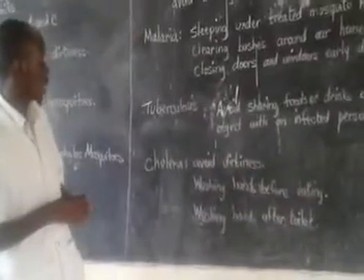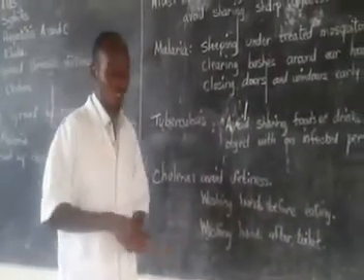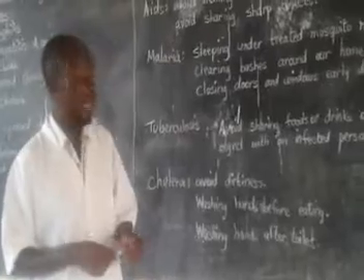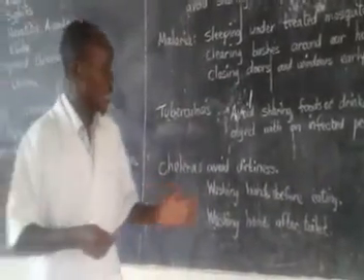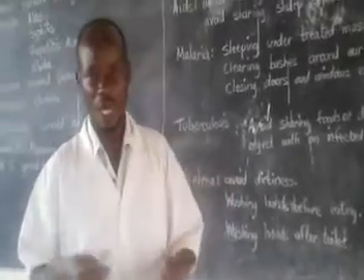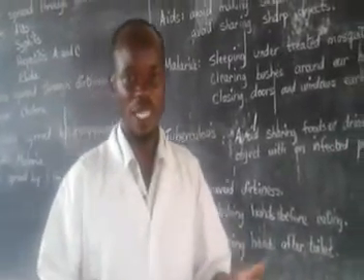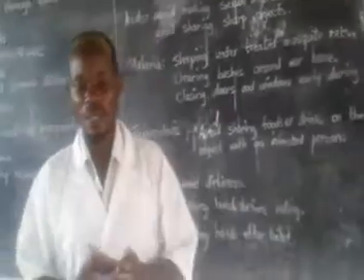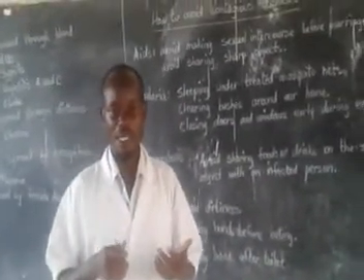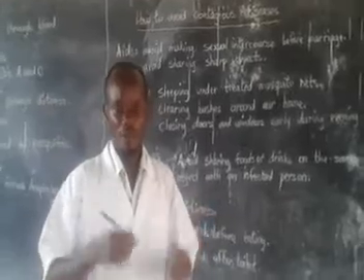Okay? And in the end, cholera, what we have to do to avoid it, we have to avoid dirtiness. How can we avoid dirtiness? Let's have the habit of washing our hands before eating, after the toilet, and after whatever we do that will make us dirty. We have to wash our hands, wash our foods.